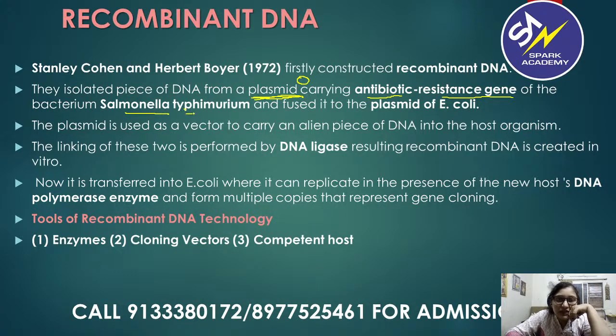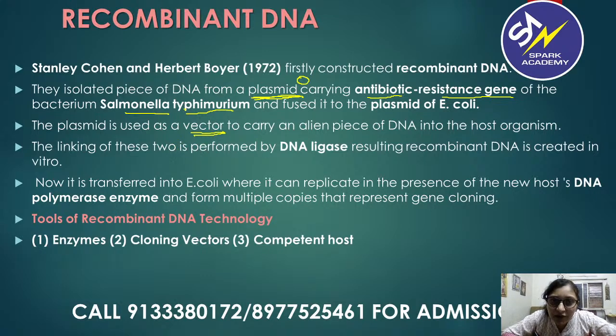Species name, that is Salmonella typhimurium, and they wanted it to transmit in E. coli, so it is going to fuse with the plasmid of E. coli. Plasmid is used as a vector. Mostly plasmids and bacteriophages are used as vectors because they are irrespective. They are not in control of the chromosomal DNA.